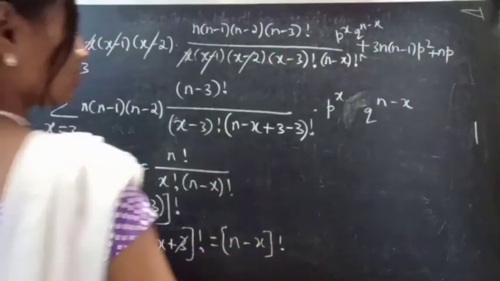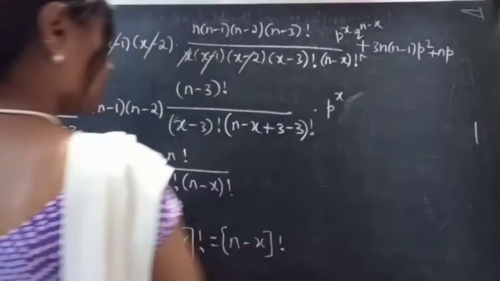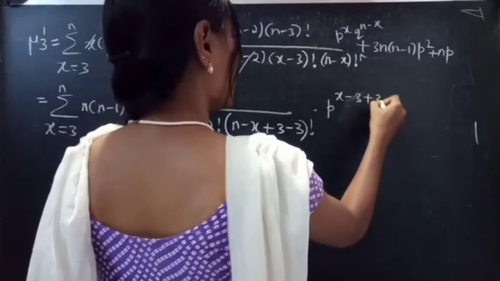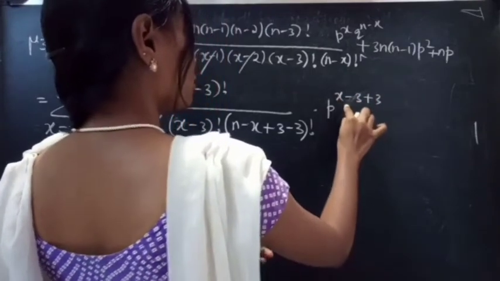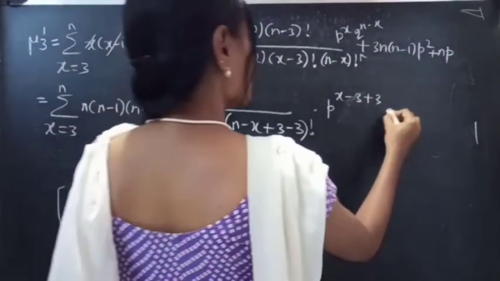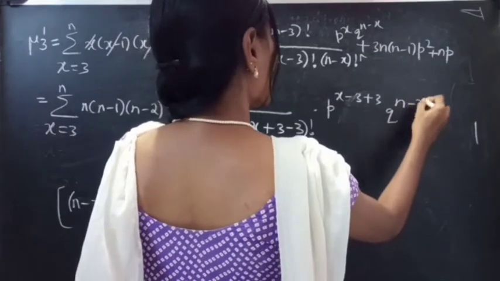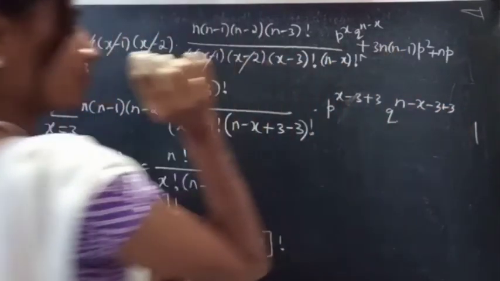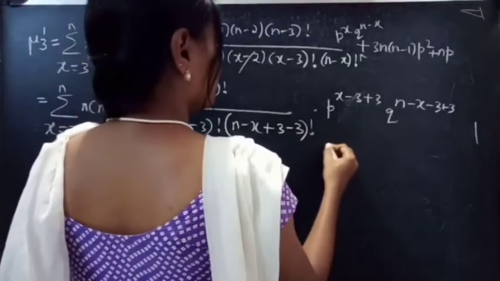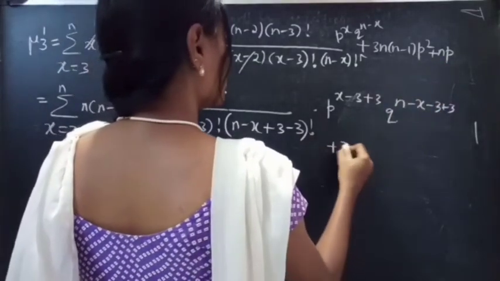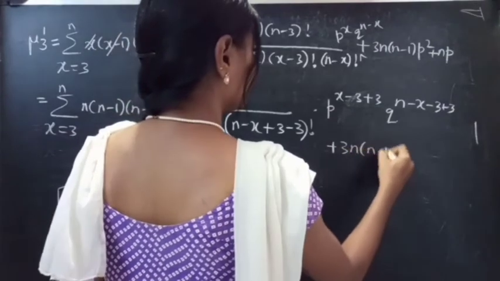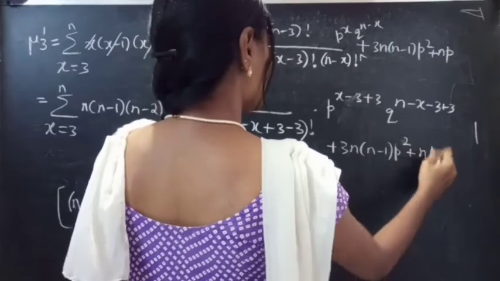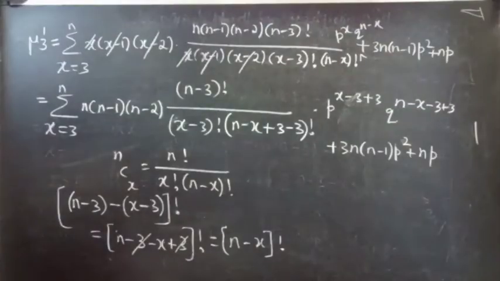We'll just add minus 3 plus 3 to the power of p. Similarly, we'll add minus 3 and plus 3 to the power of q. Okay. Plus the next two terms will be as it is. p square plus np. Okay.